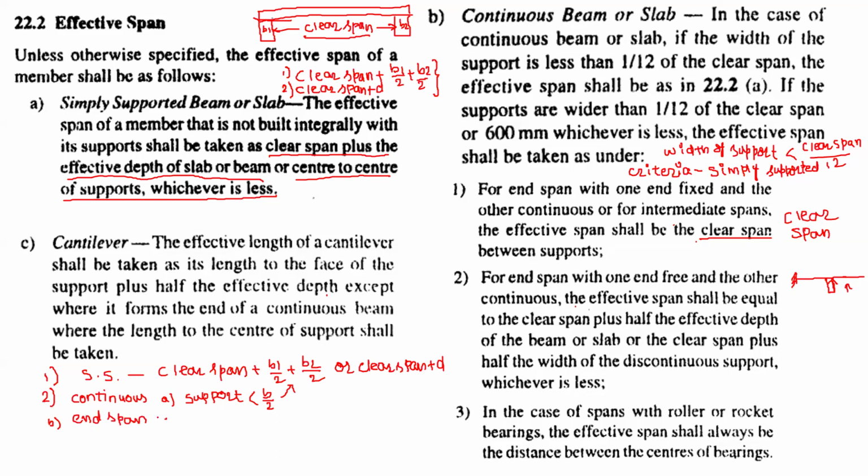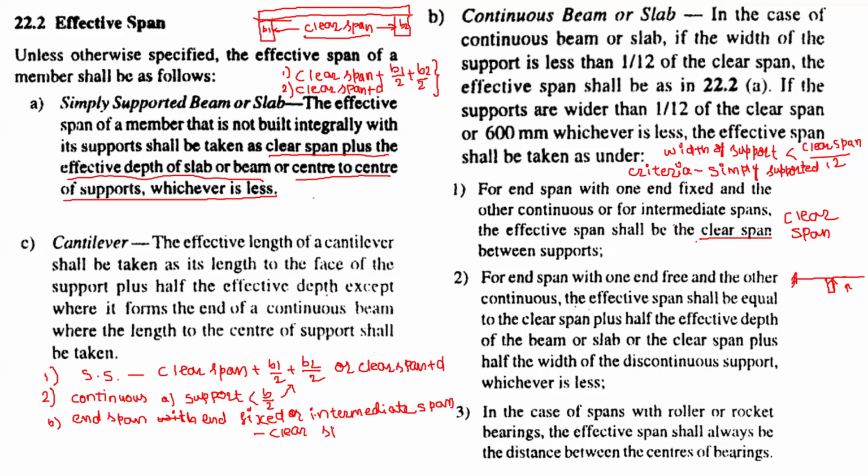with end fixed, or intermediate span, the effective span is the clear span.